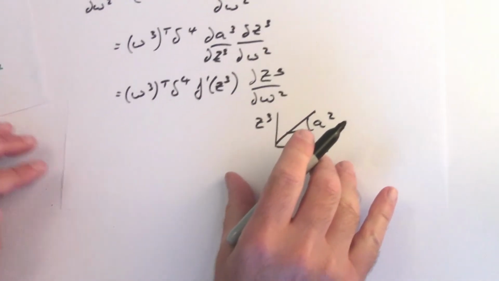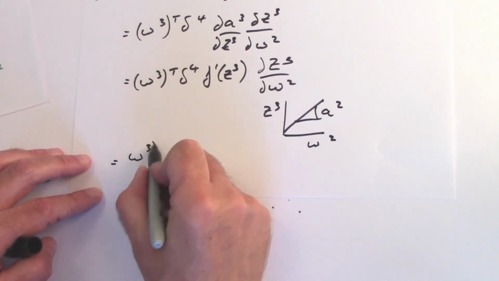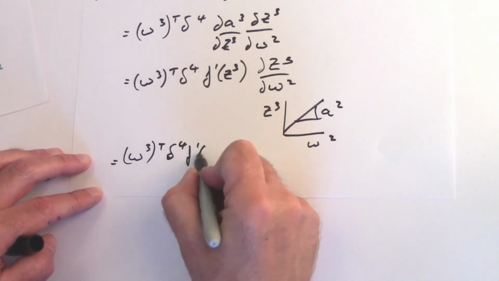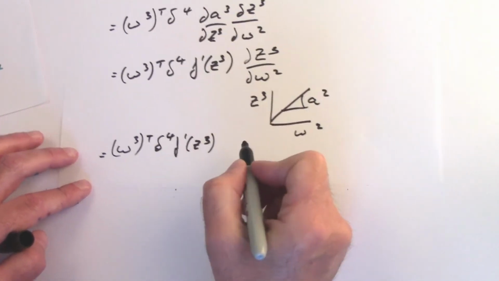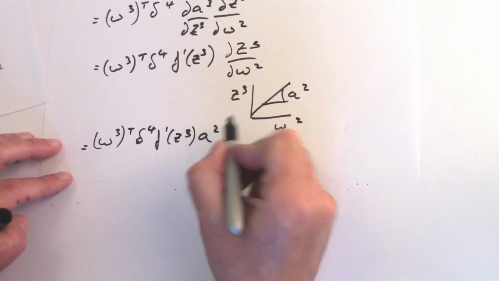So this can all be rewritten as W3 transpose del 4 times the differentiated function of z3, and our activation A2.